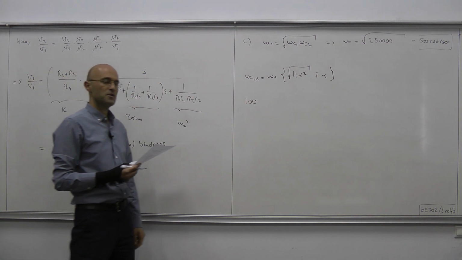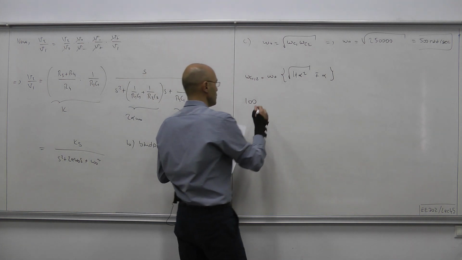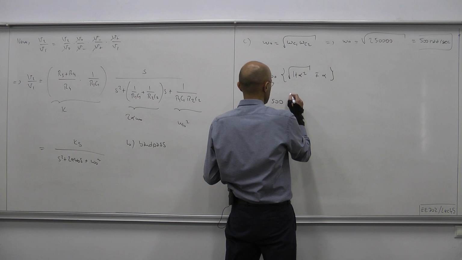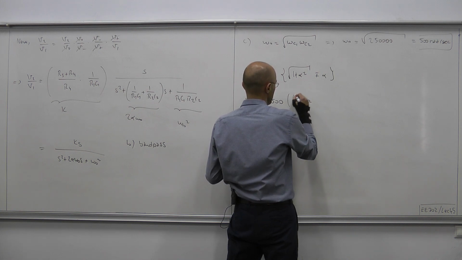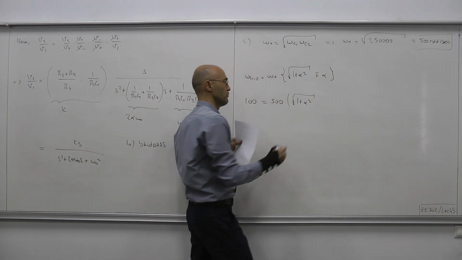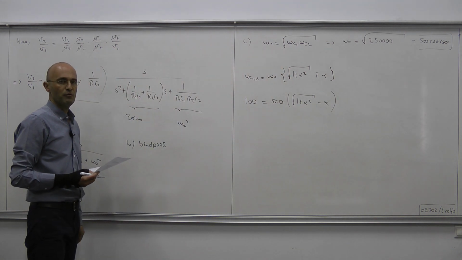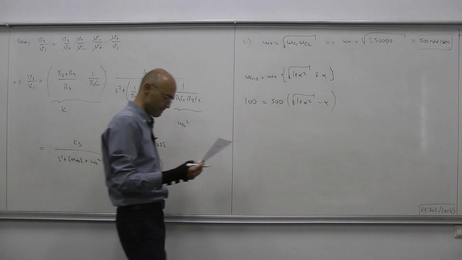Let's take the smaller cutoff frequency, which was at 100. 100 equals center frequency 500 times the square root of 1 plus alpha squared, minus alpha. Since it's the smaller cutoff frequency, this should be minus, and that's our equation from which we obtain alpha.